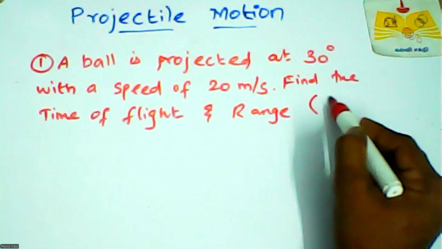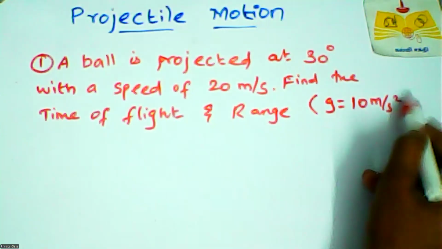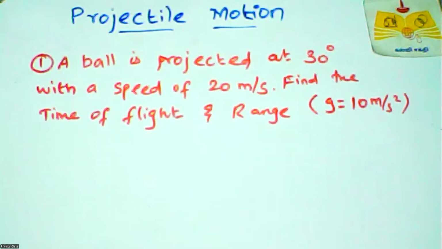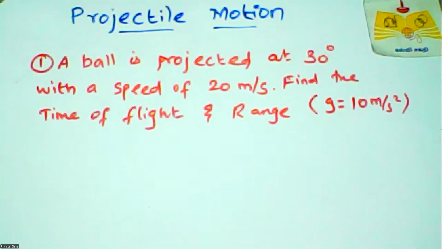We can take g as 10 meter per second square for simplicity. If you have the answer, you can tell us via the chat box, or you can unmute yourself. A ball is projected at 30 degrees with a speed of 20 meter per second. Then what is the time of flight and range?